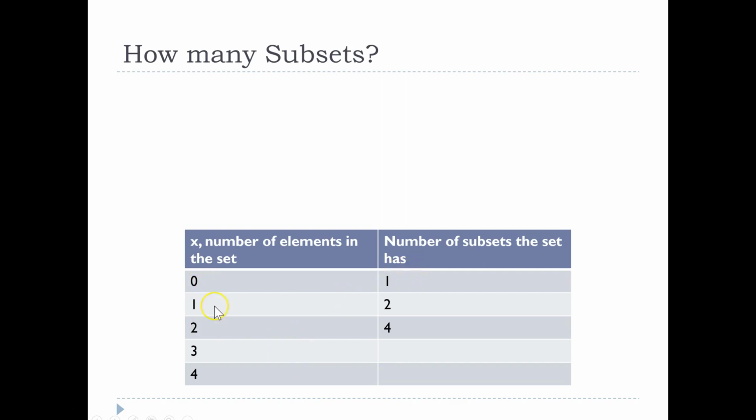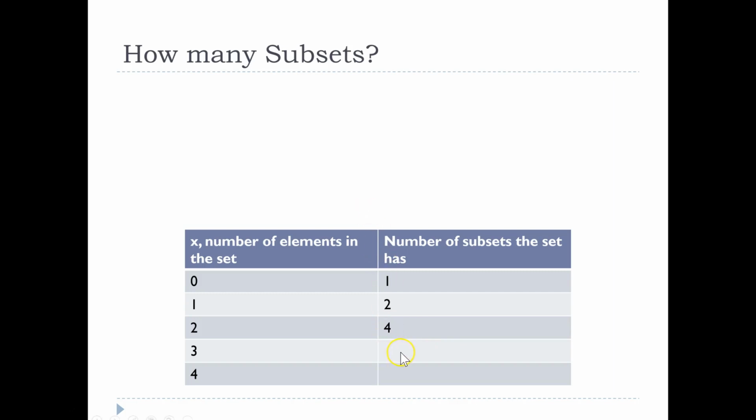It's just the set itself. If we have a 1 element set, it has 2 subsets, the empty set and the set itself. And we just discovered this one. If we had a 2 element set, that's our 2 circles, we ended up having 4 subsets. Let me remind you back on the previous slide that we counted 4 separate subsets for our 2 element set.